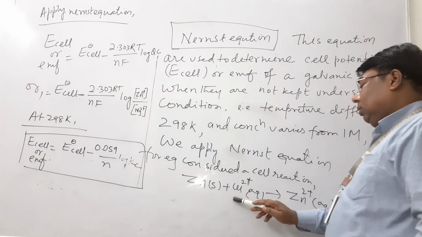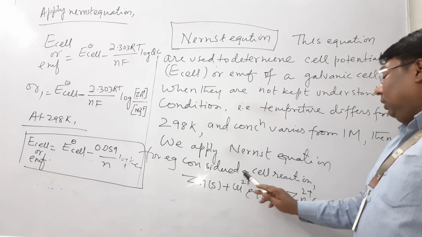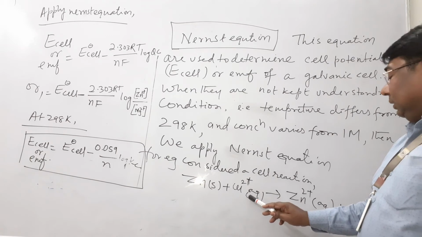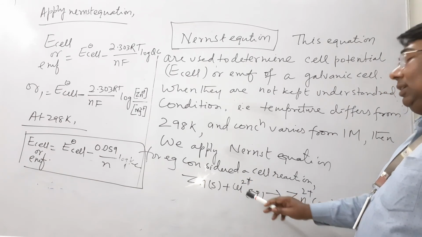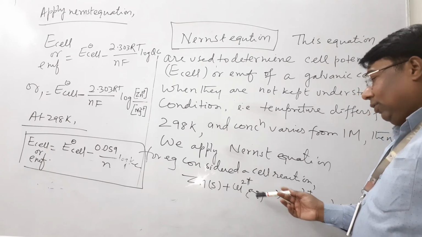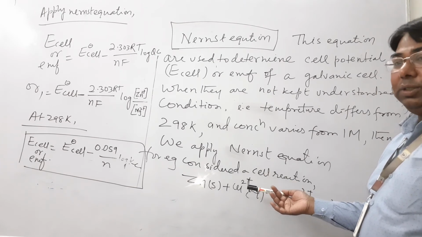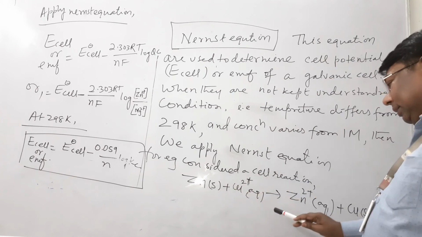In this, you have seen that the copper ion is the reactant and the Zn ion is the product, and the concentration is only taken for the aqueous solution, not for the solid. Solid substance doesn't have a concentration, so it is not taken.